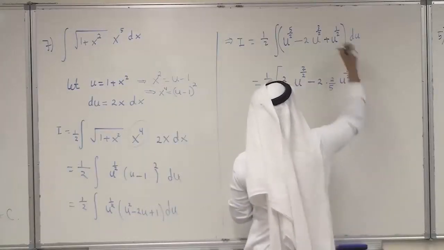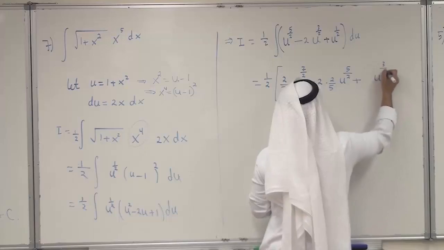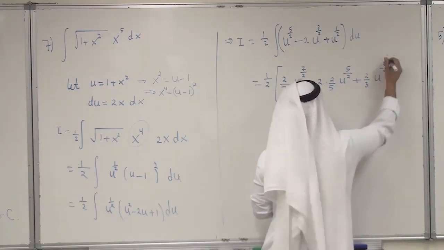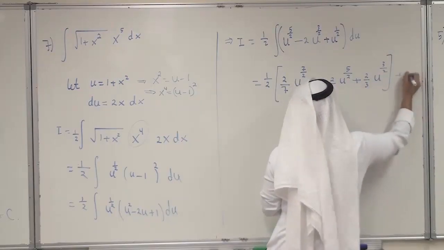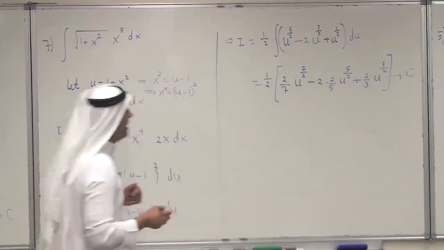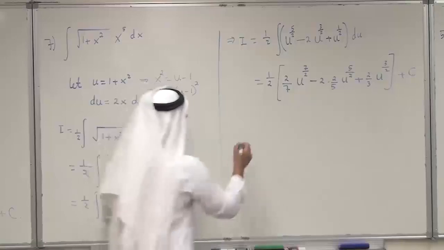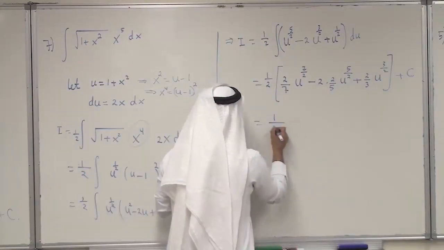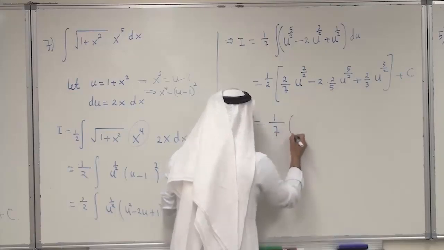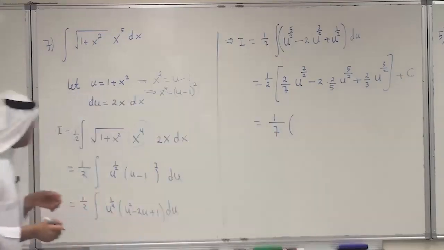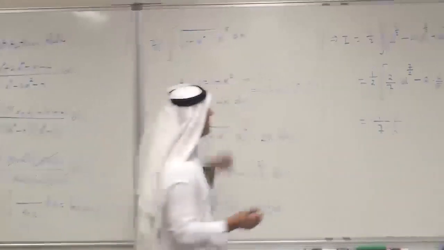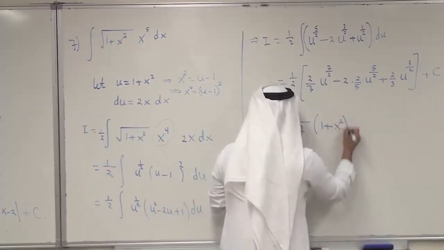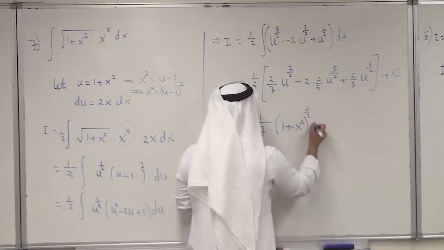Similarly, here we have u to the power 3/2 divided by 3/2, which means multiplying by 2/3. All of this adding the constant of integration. Then we simplify. The final answer will be 1/2 times 2, that is 1, so it is 1/7 u to the power 7/2. What is u? U is 1 plus x squared. So that is 1 plus x squared to the power 7/2.